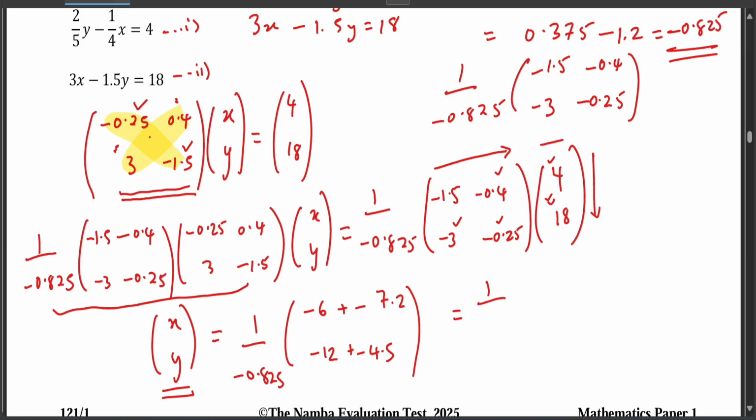So this will be 1 over negative 0.825 multiplied by negative 13.2, and the other one is negative 16.5.